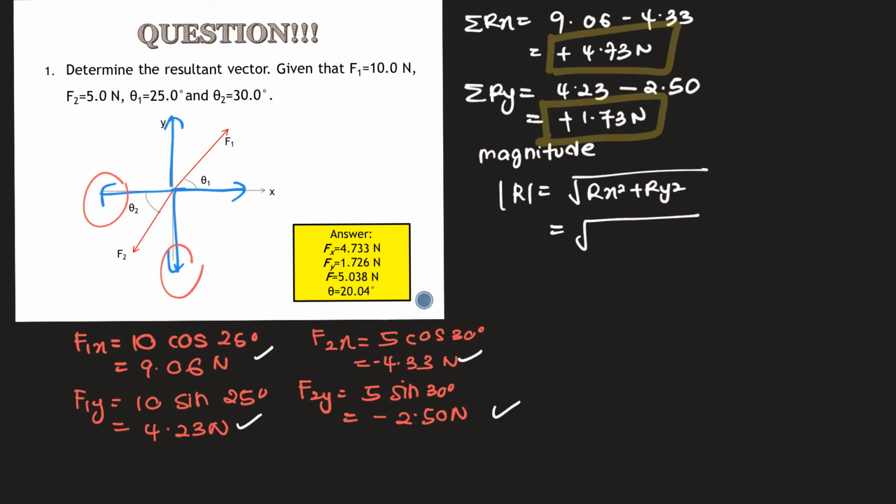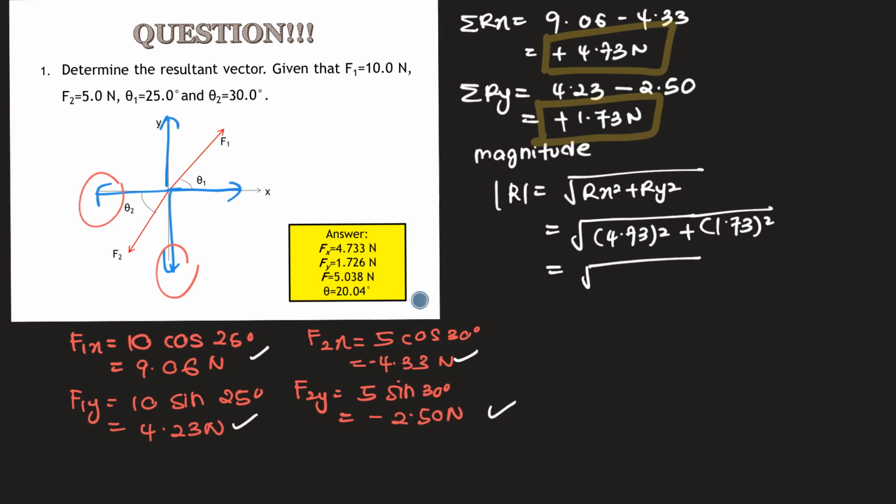So it's going to be 4.73 squared plus 1.73 squared, square root everything, and supposedly you are going to get 5.04 newtons.